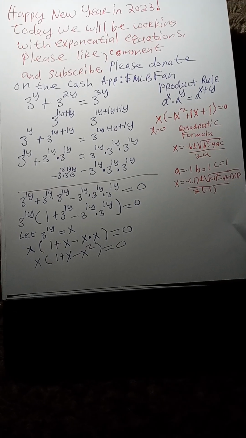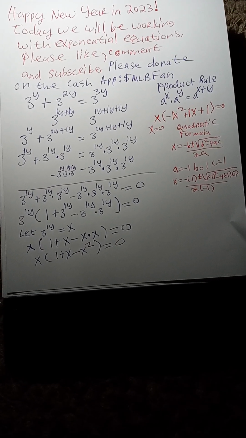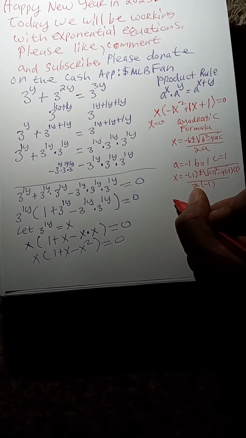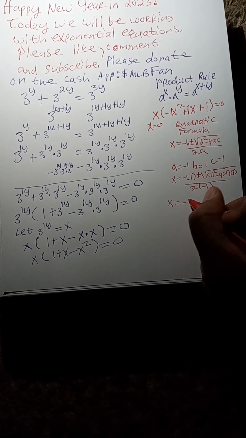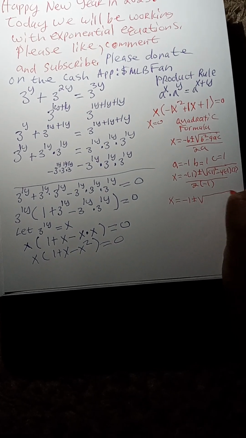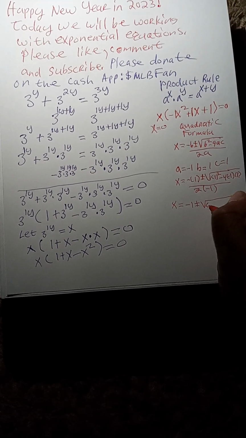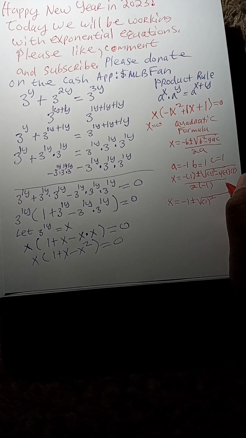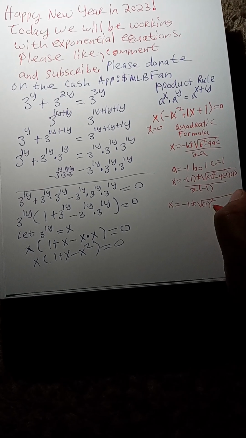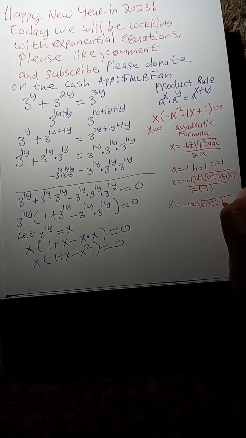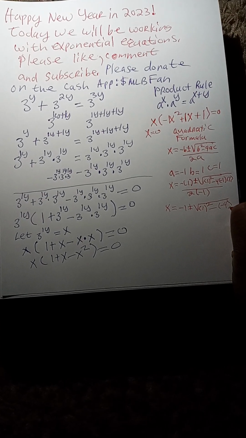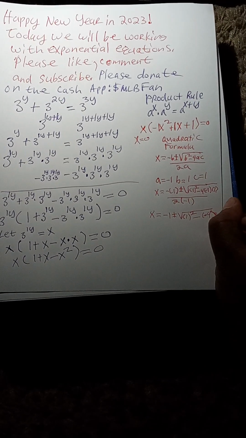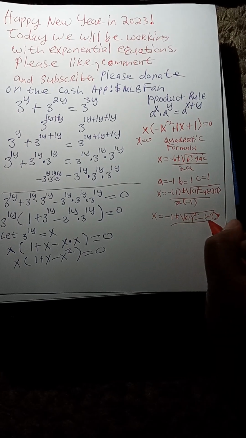Now the next step, we begin to simplify. So x is equal to negative 1 plus or minus the square root of 1 squared minus 4 times negative 1 times 1, so minus negative 4, all over negative 2.